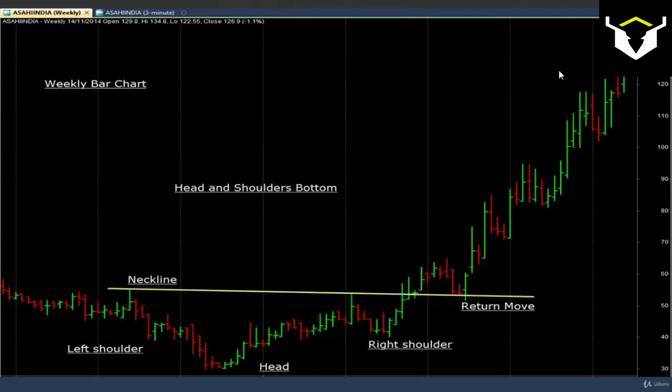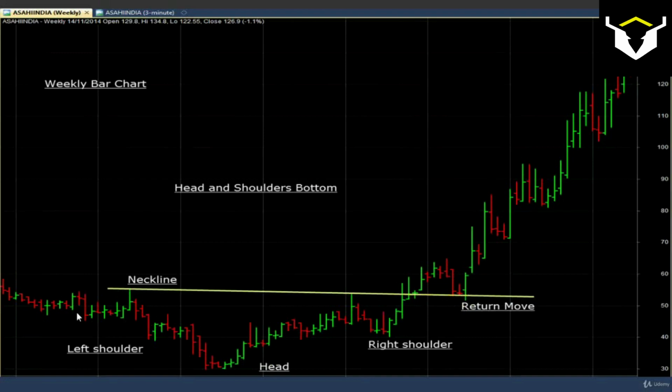Following is a weekly chart of Asha India, and you can see here prices come down, go up, make a new low, start moving upside, come down and break out to a new high. So you can clearly draw a neckline. Prices make a new high and return back to the neckline and find support at the neckline. And the pattern is now much more clear.